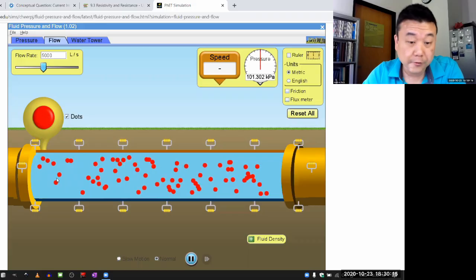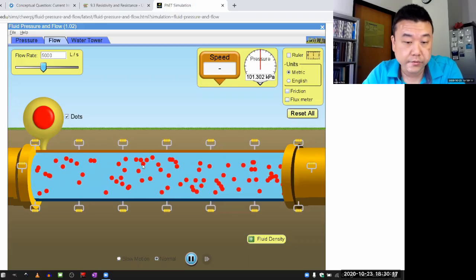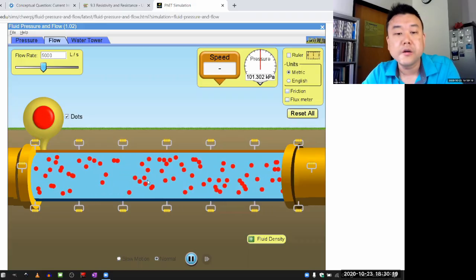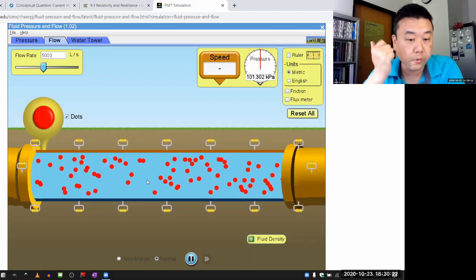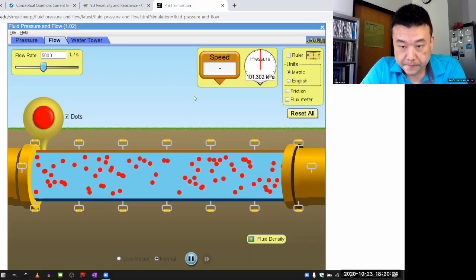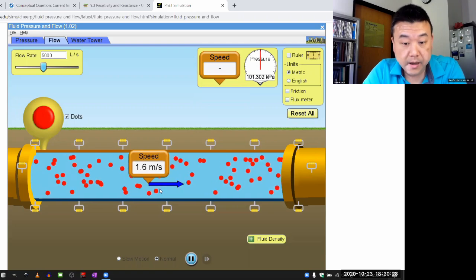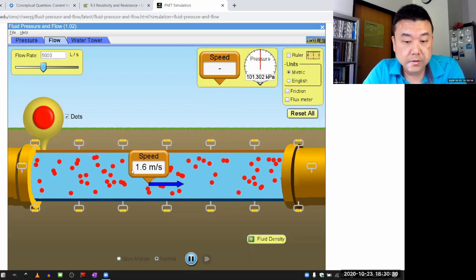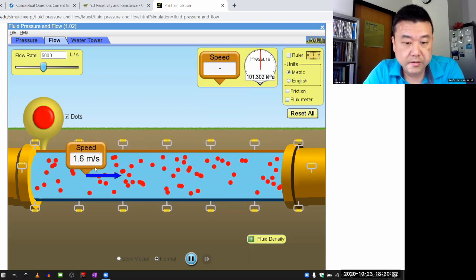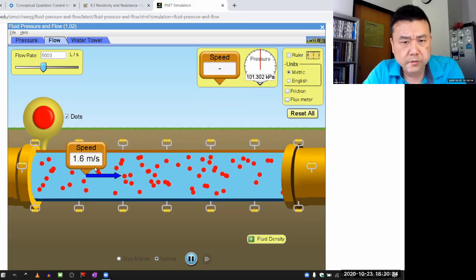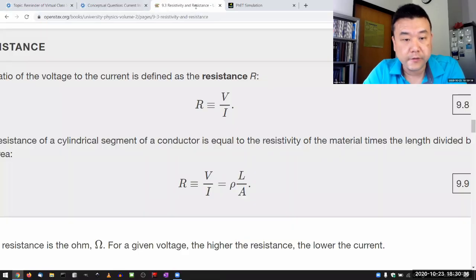So this is a visual way to represent a flow, whether it's a charge flow or water flow. And there's a way to measure speed, and the speed they're measuring would match up with what your textbook calls a drift velocity.